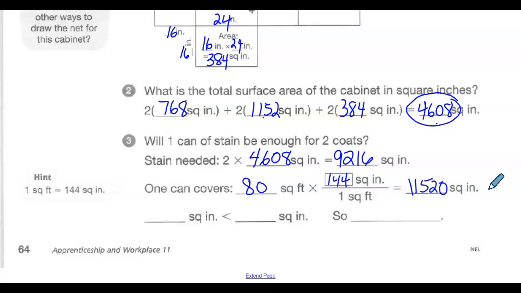And so we have to then compare that to 9,216. So 9,216 is less than 11,520. So 1 can is good. Okay.